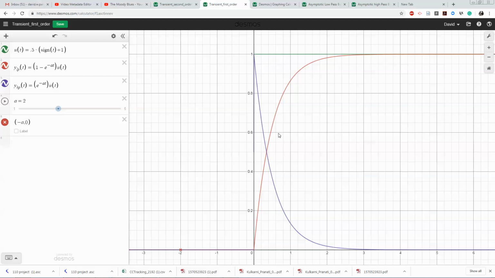So first order, low passes go from low to high because notice it's passing the DC. High passes go from high to low because it's passing the edge and attenuating the DC.